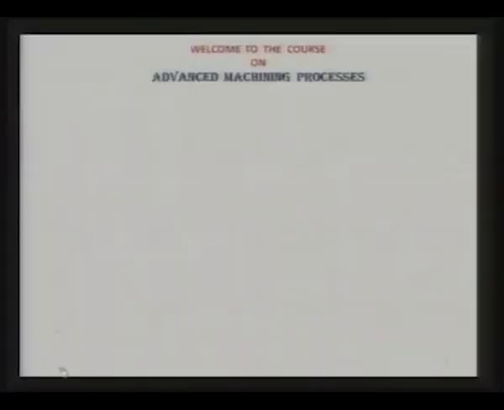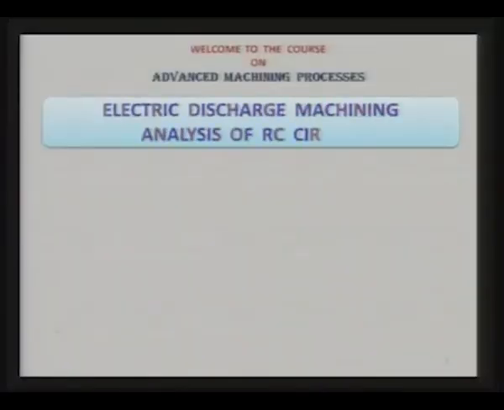Welcome to the course on advanced machining processes. Today we are going to discuss electric discharge machining: analysis of RC circuit.